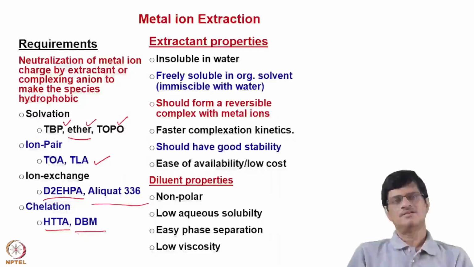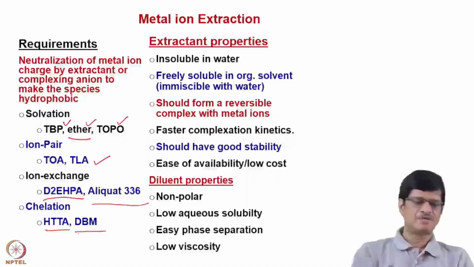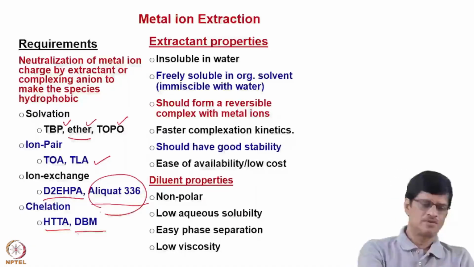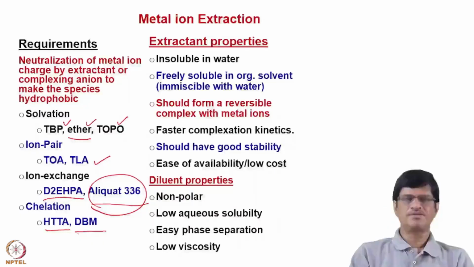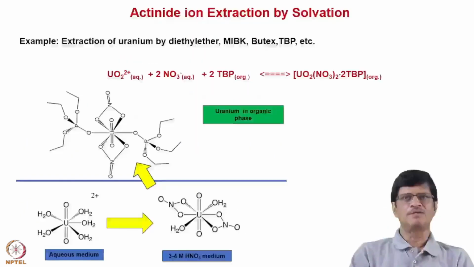That is why they are not proposed for separation on a large scale, because in that case the time required for separation will be much larger. Some extractants like Aliquat 336 are very viscous, so they need to be diluted properly with a suitable diluent so that the extraction can be done with favorable kinetics and separation can be done in an acceptable time limit.